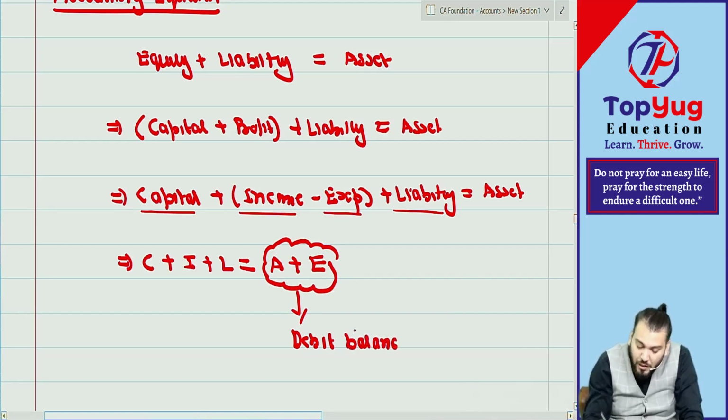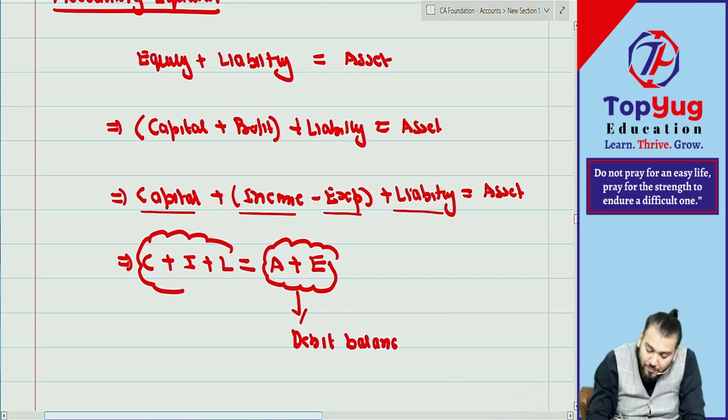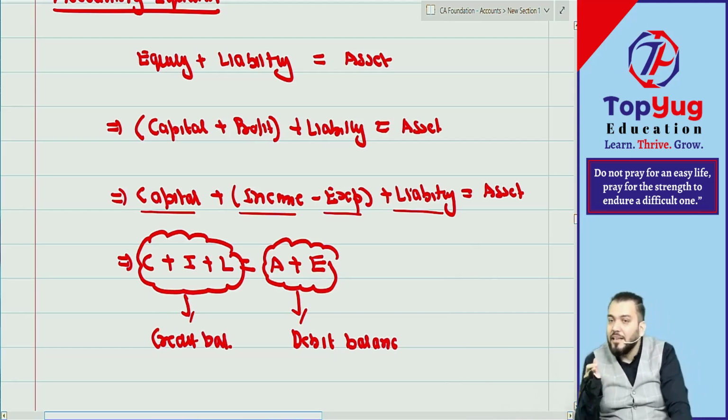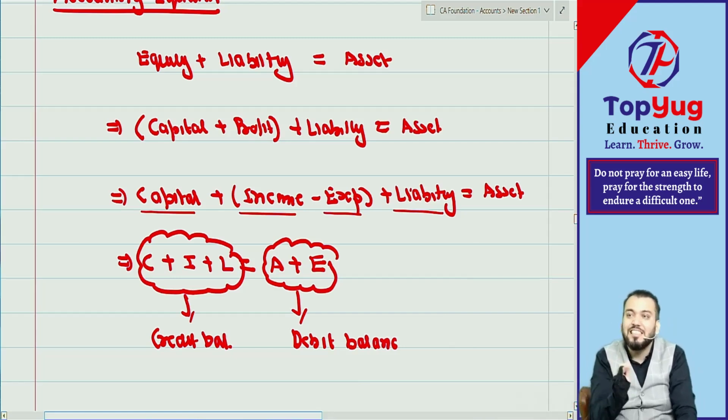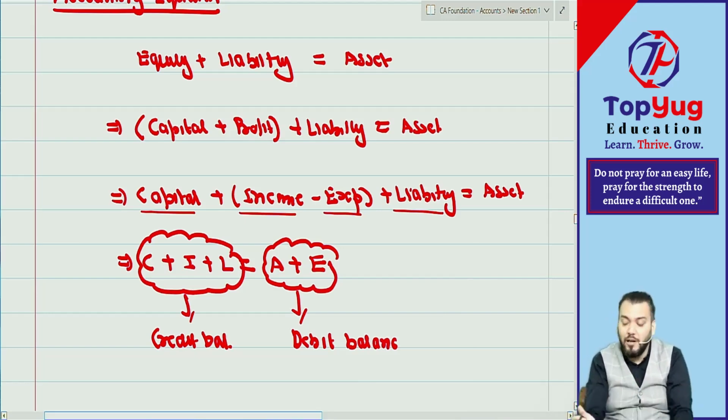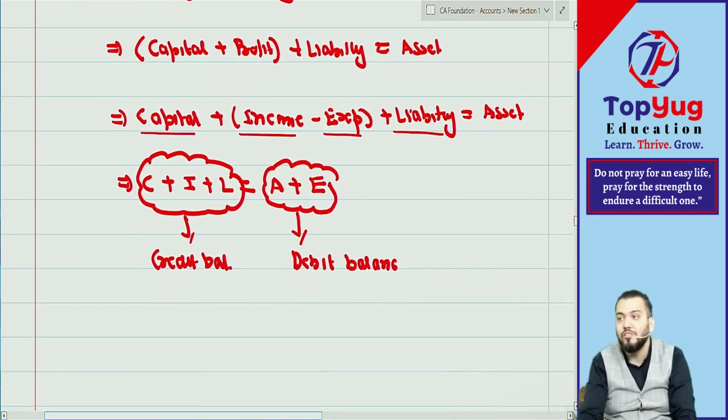Understood? And these will always have what? Credit balance. This is the rule. Understood? Means capital, income and liability will always have credit balance, and asset and expense will always have debit balance. This is a simple rule, and from this one rule has been derived. That rule is known as modern rules.